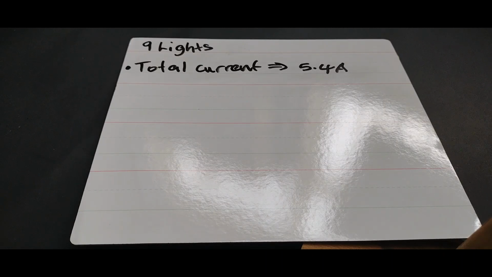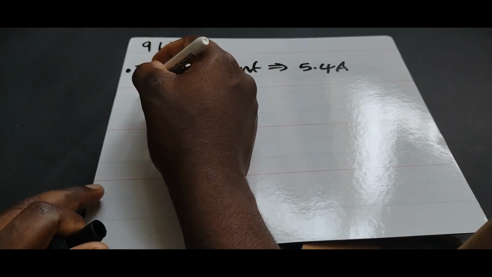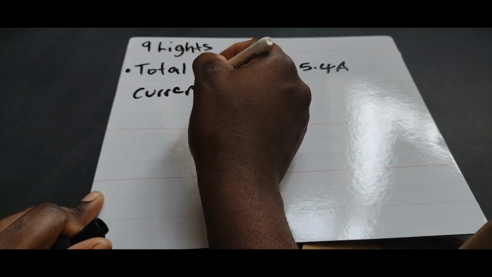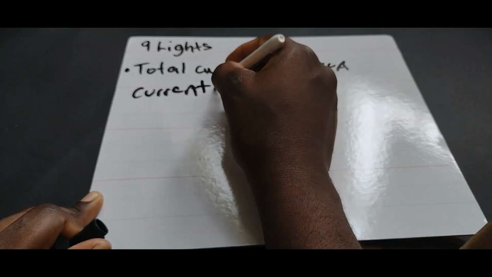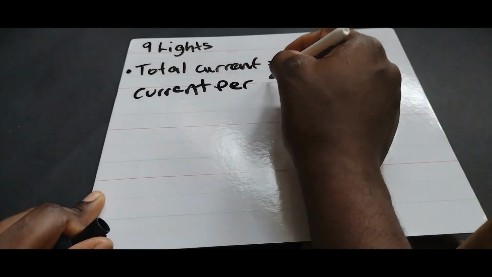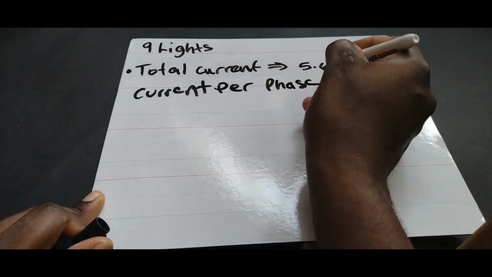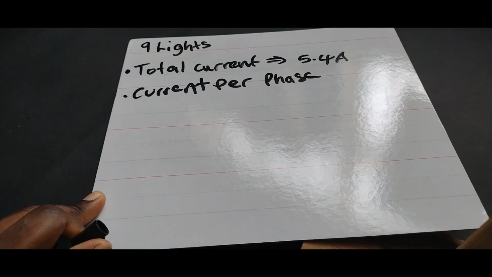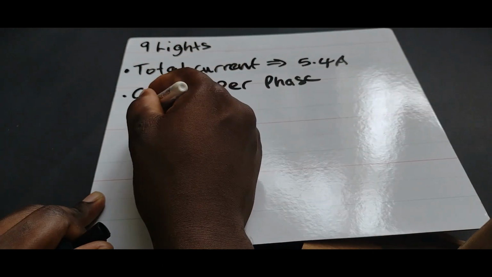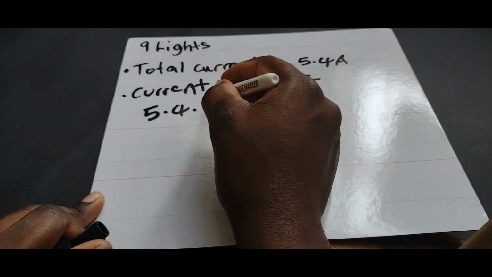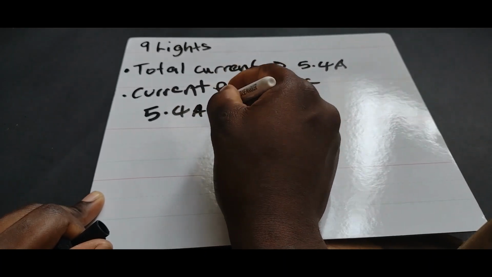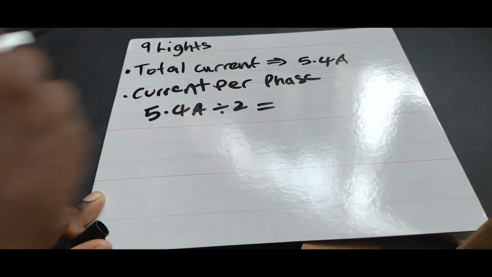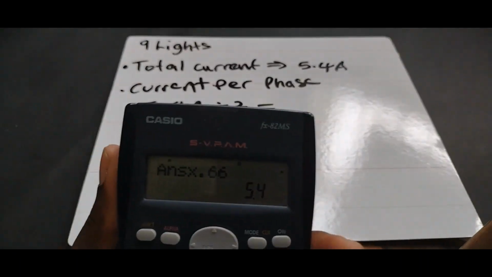Hence, current per phase. And how do we calculate the current per phase? We just divide the 5.4 amps by 2. And we use our calculator.